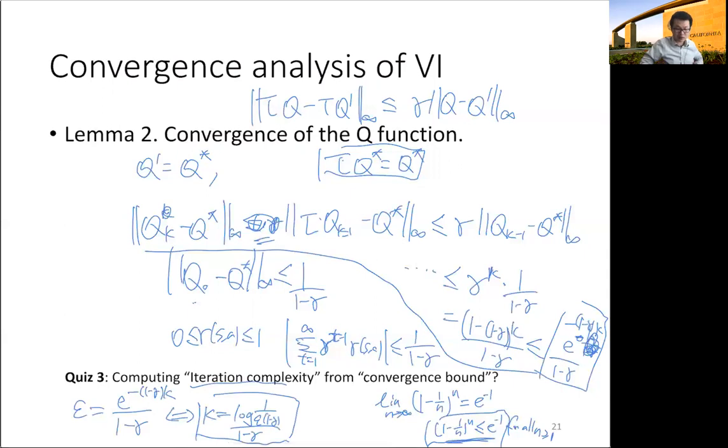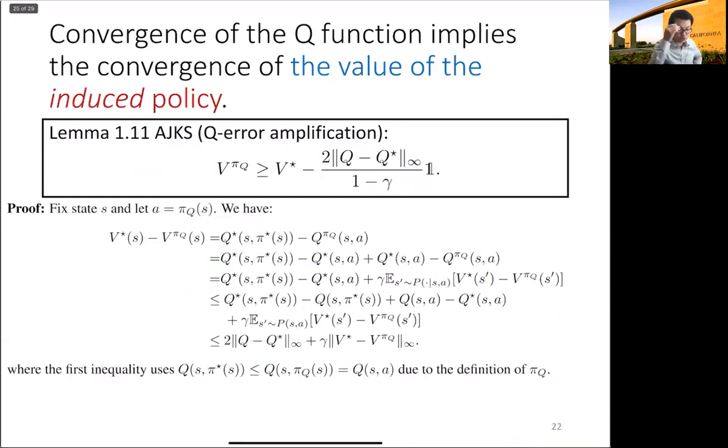And the last thing that we need to do for the value iteration is to convert the L infinity norm bounds of the Q star value function to the suboptimality in the policies, right? So we can construct pi Q to be the argmax of Q(s, a) over a. The question is how can we get a suboptimality bound of pi Q?